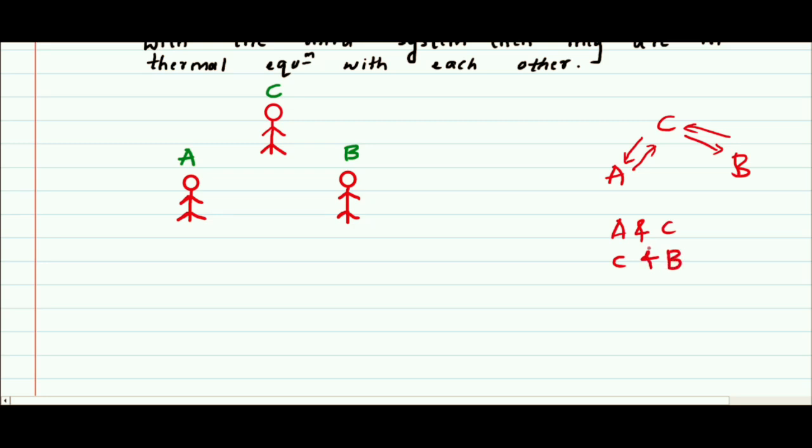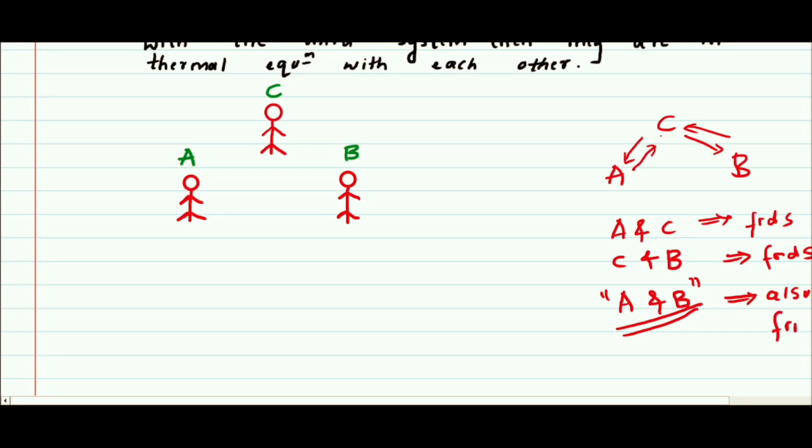So A and C are friends, and C and B are friends. So at some point A and B will also become friends with each other.